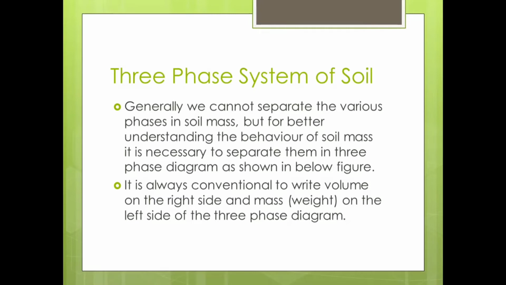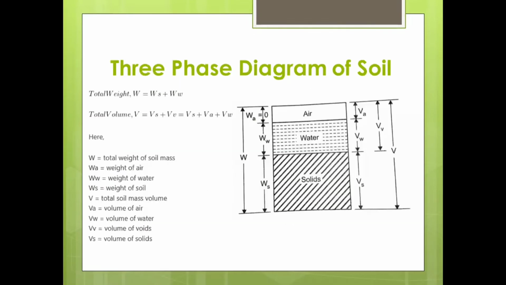But just to understand and analyze it appropriately, we need to represent the three-phase system of soil in these three different parts. The bottommost part is solids. Above solids it is water, and above water it is air.